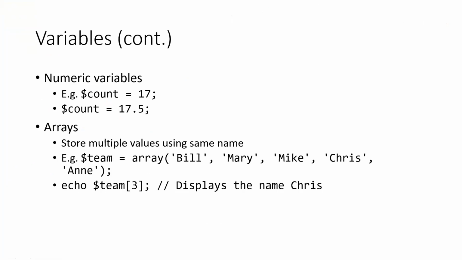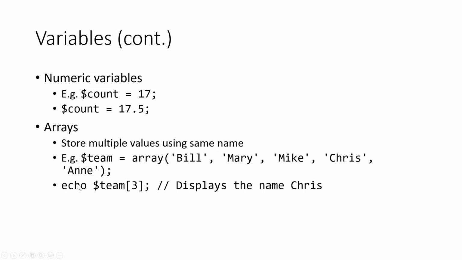Now, when it comes to variables, like you have already learned in other programming languages, you can assign numerical values, integer values, real values to variables. So here the first one, you assign 17 to the count variable, then 17.5 to the count variable. Depending on what you assign, PHP will decide on the type of the data that you are going to store.